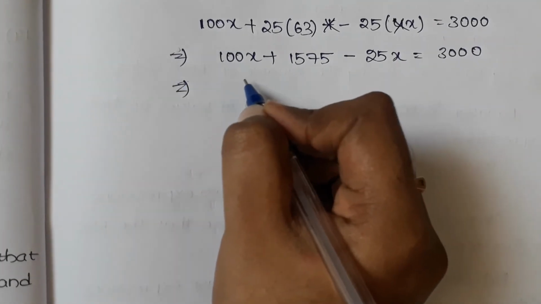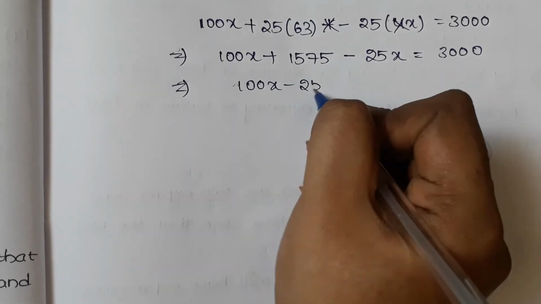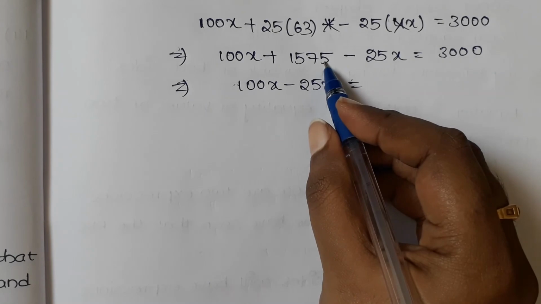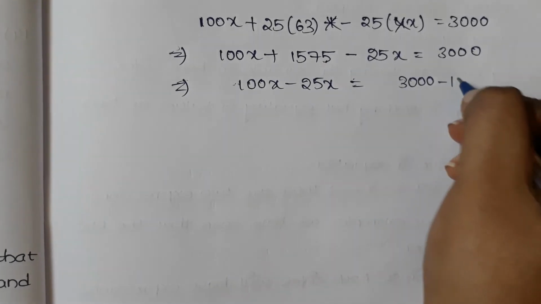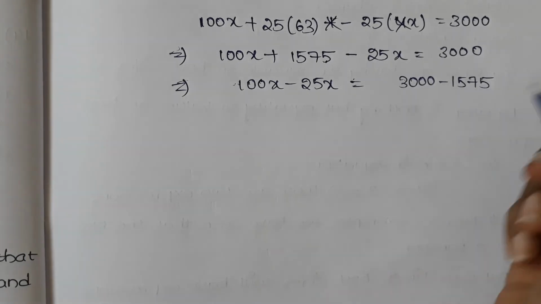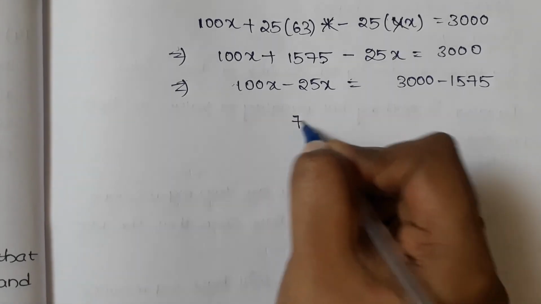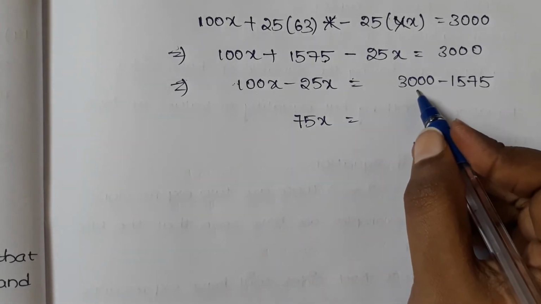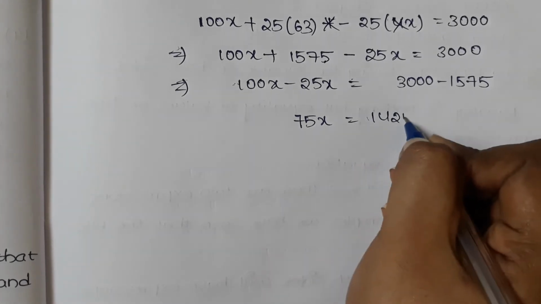That implies 100x minus 25x equals, this 1575 is transposed to the RHS, that is 3000 minus 1575. And now 100 minus 25 is 75x equals 3000 minus 1575, that is 1425.